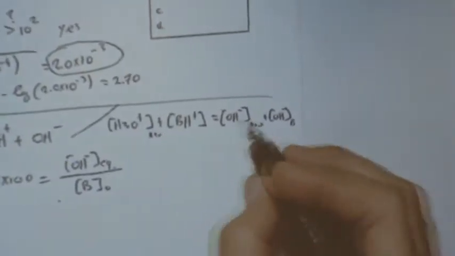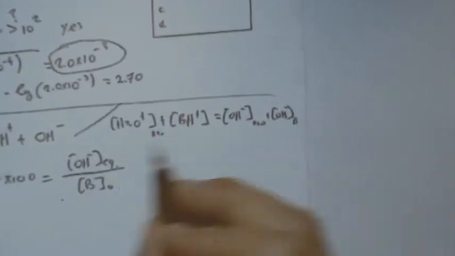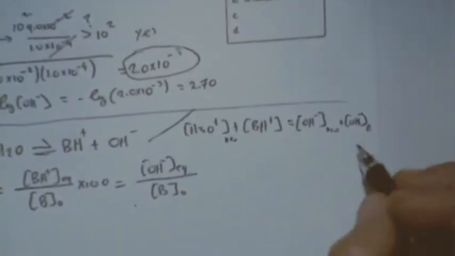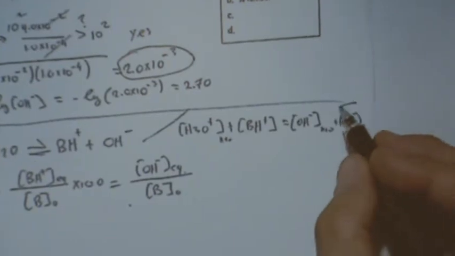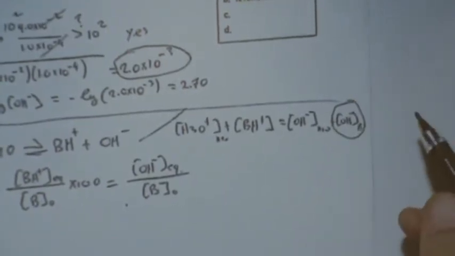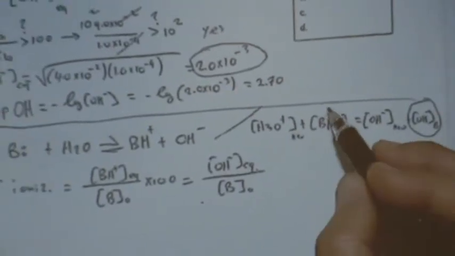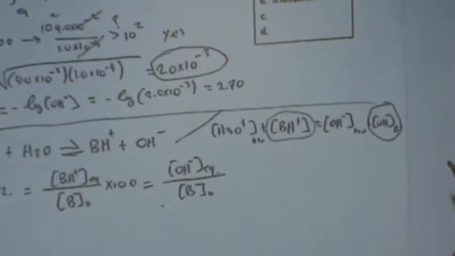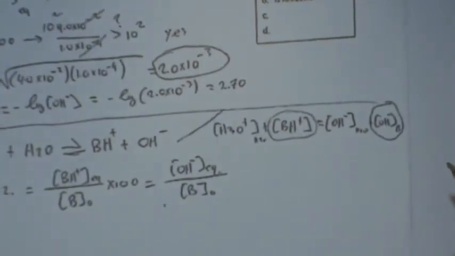This is from water, and these are from the base. So what we say is that that which comes from the base, this one here, is equal to this, right?